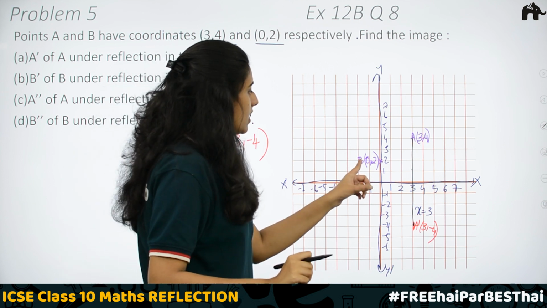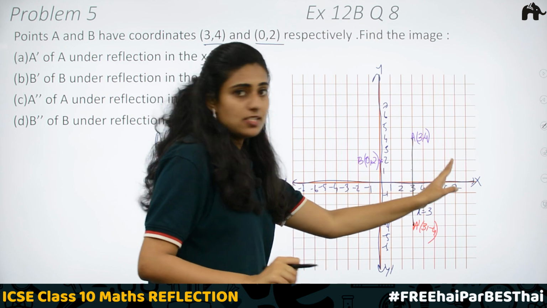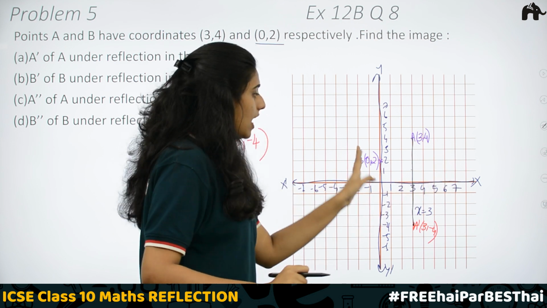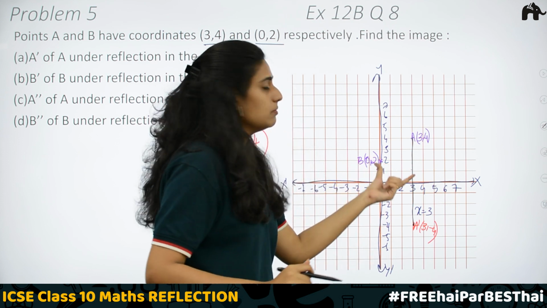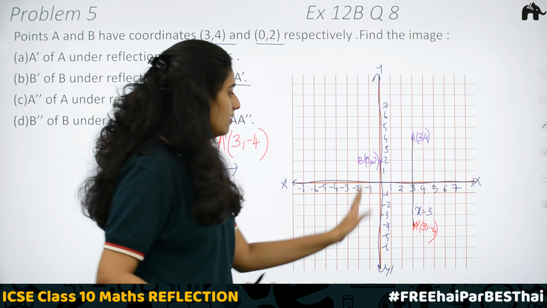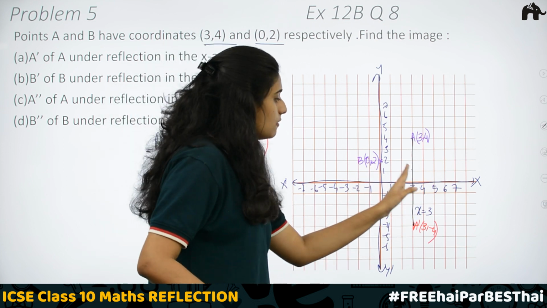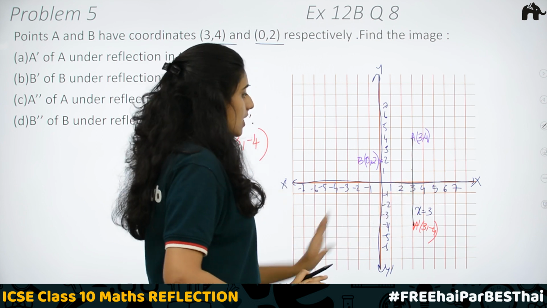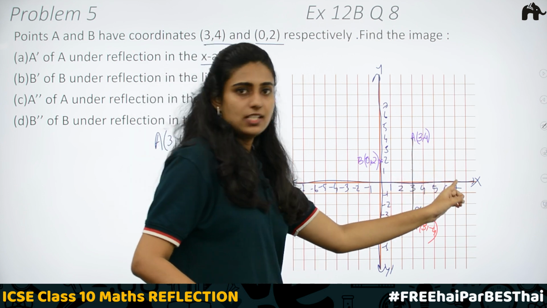Yes, here we have 0 as the x coordinate. When we get the image, what happens? Here we have to find the distance of the point from the line. What is the distance calculated in units? Here we know that 3 unit distance is there for the point from the line. Yes, therefore the image should be at 3 unit distance.